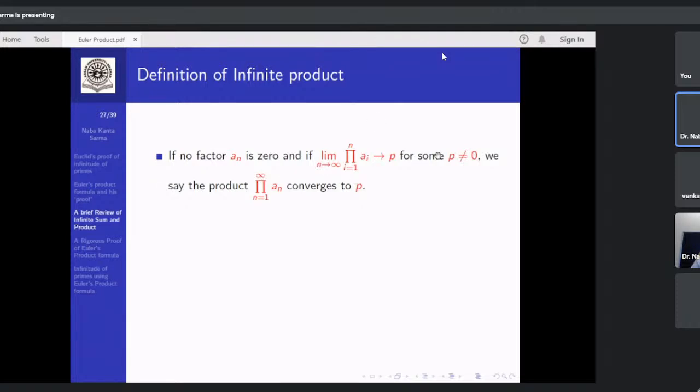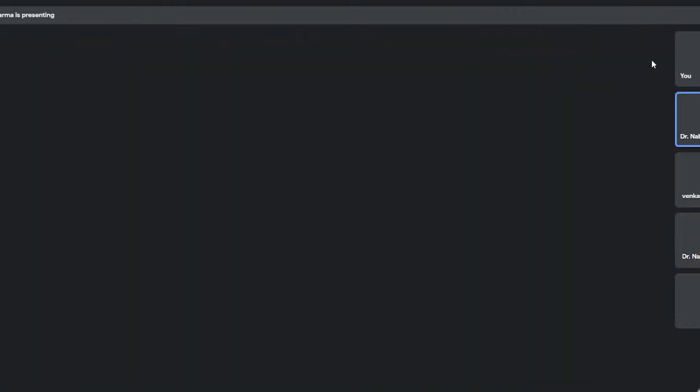There is no problem, and the original definition stands. In that case, we say that the product converges to P, because the problematic cases are when some terms are 0 or when the limit is 0. If neither of these happens, then we have no problem with the earlier definition. So this stands.